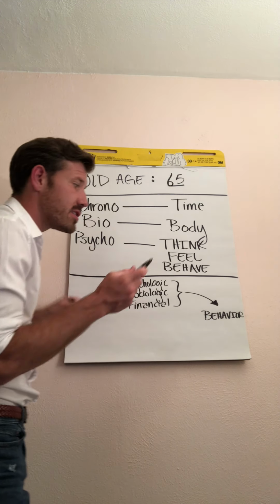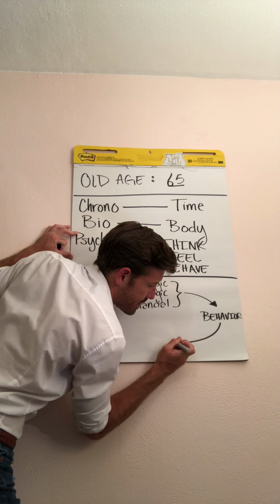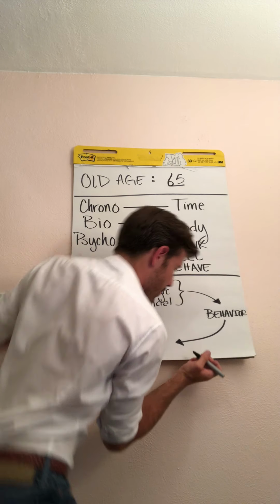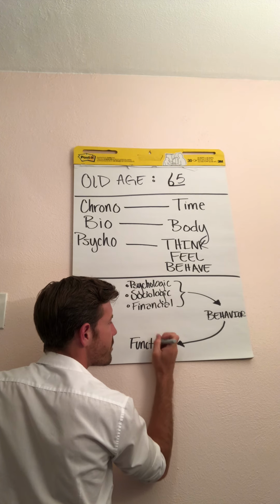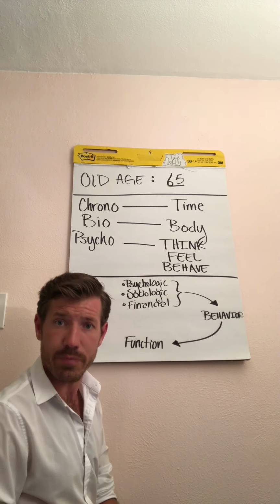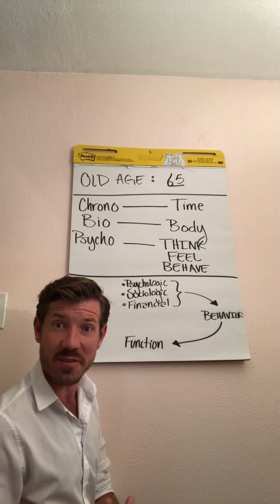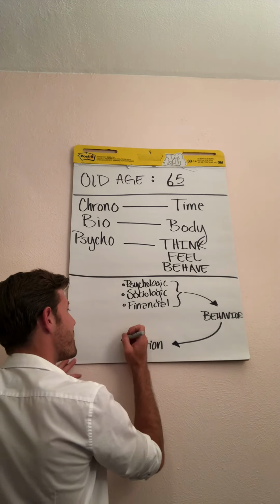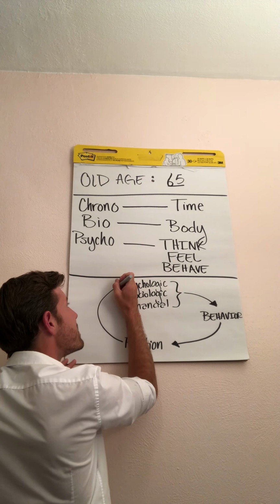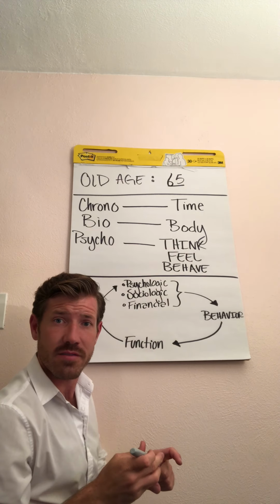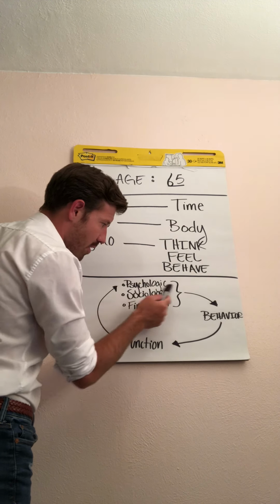But what we want to get to is an understanding of when that behavior changes, it's going to change the function of that person's body. And when the function of that person's body changes, it can lead all the way back to a change in the way that they think. Okay? Now that's not the only part of the cycle.